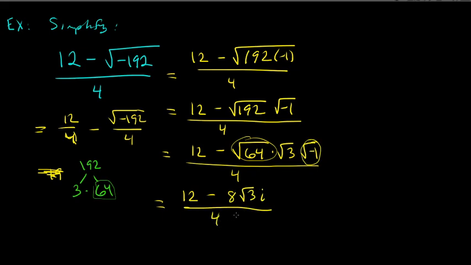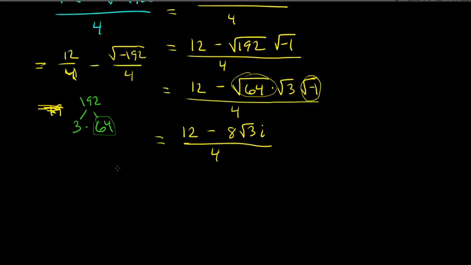All right. And what else can we do? Well, we could put the i in front. Remember, that's a good idea. Put the i in, sorry, not a C, it's an i. There we go. i times the square root of 3, all over 4. Okay.